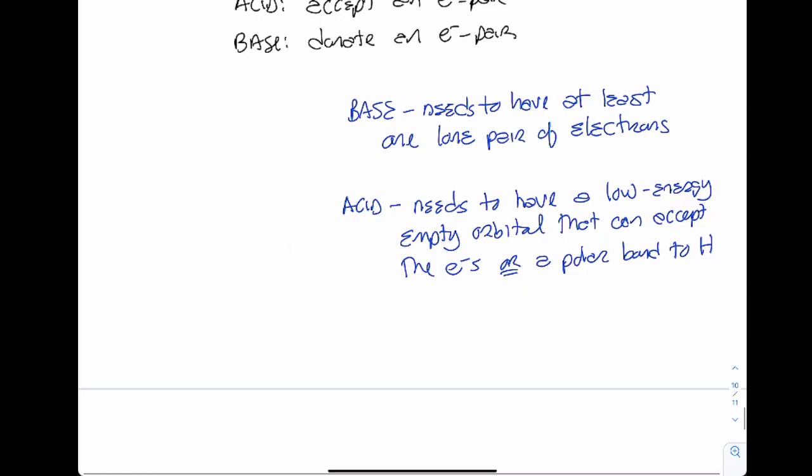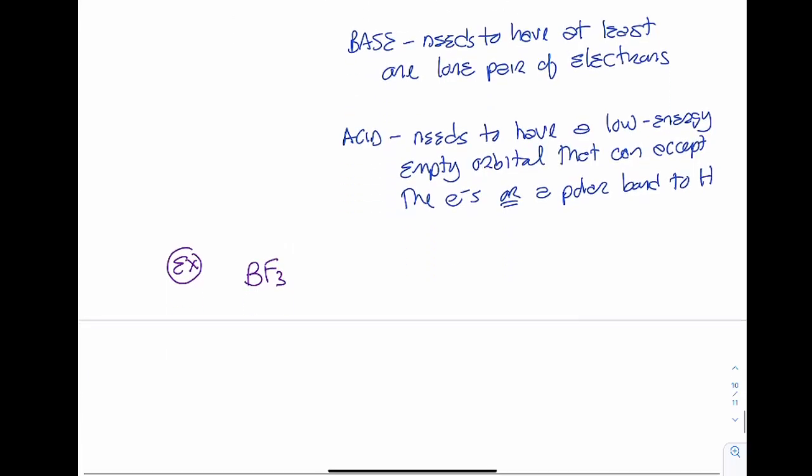An example of a Lewis acid that doesn't have a proton, we could look at BF3. So again, we need to go back and remember our information from 151. If I draw the Lewis structure for this, I have boron in the middle, and all my fluorines have their lone pairs.